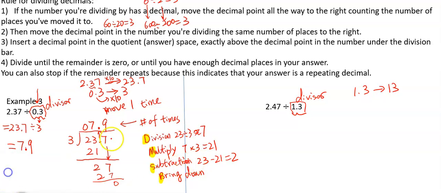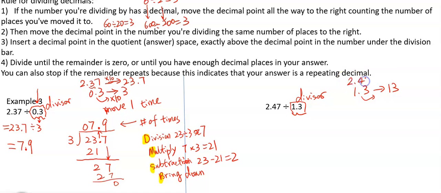Okay, so let's look at the second example using the long division process. So remember, if you have decimals, first you have to make sure you get rid of the decimal point in the divisor. So notice that I have to move the decimal point to the right 1 time in order to get a whole number, 13.